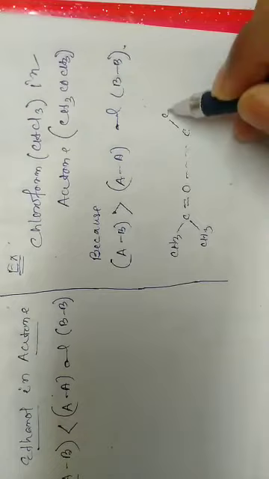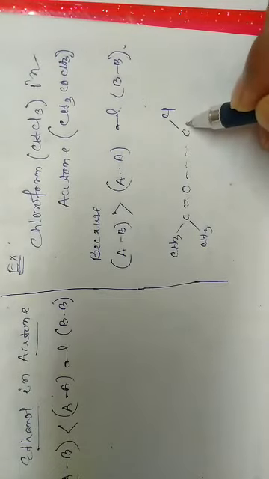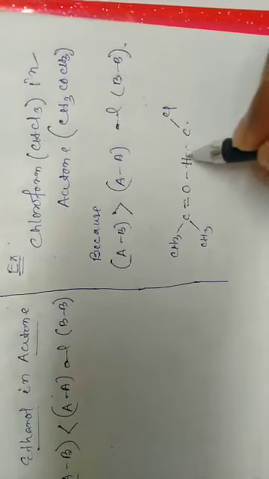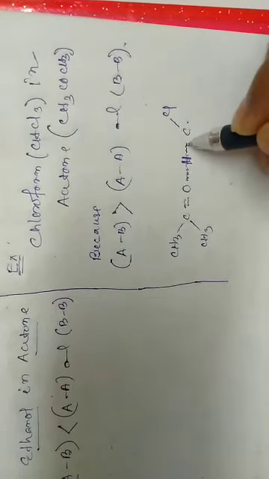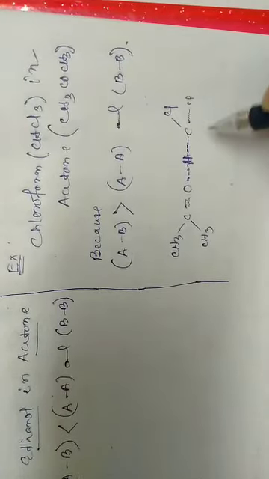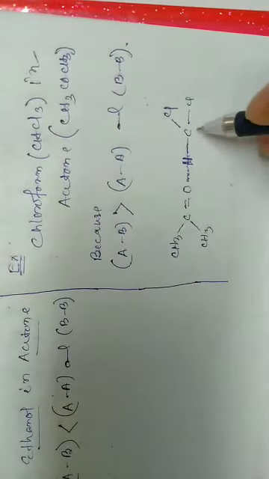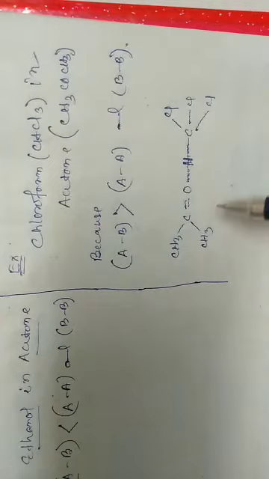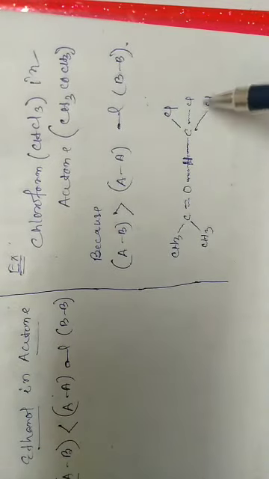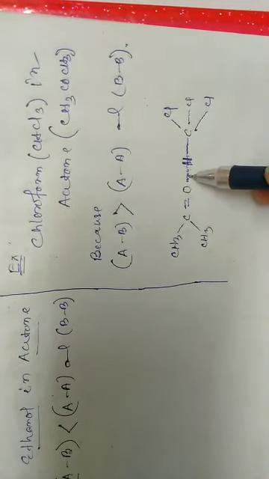So when chloroform dissolves in acetone, then hydrogen bonding is formed. This is the hydrogen bonding here.